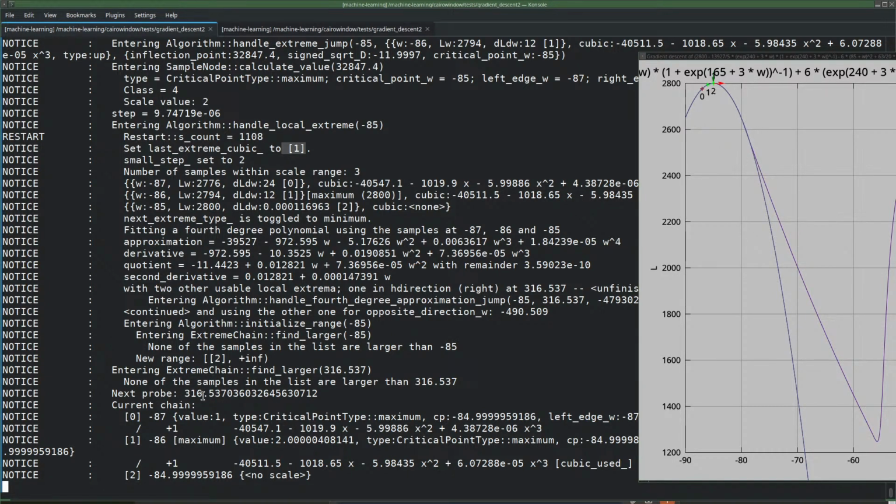I'm not happy that both that one and that one are humongous steps, as in larger than 10 times the scale. What is the scale here? 2. It shouldn't, no. It should not want to go further than 20 at a time.